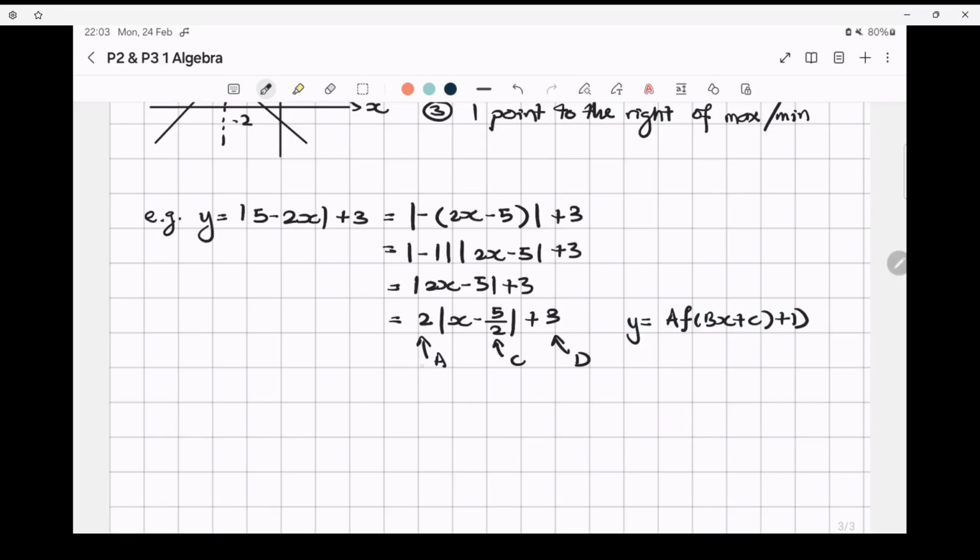So you have a stretch in y direction by a factor of 2, and then you move to the right by 5 divided by 2, which is 2.5, and then you move up by 3 units. So this particular graph should look like this.